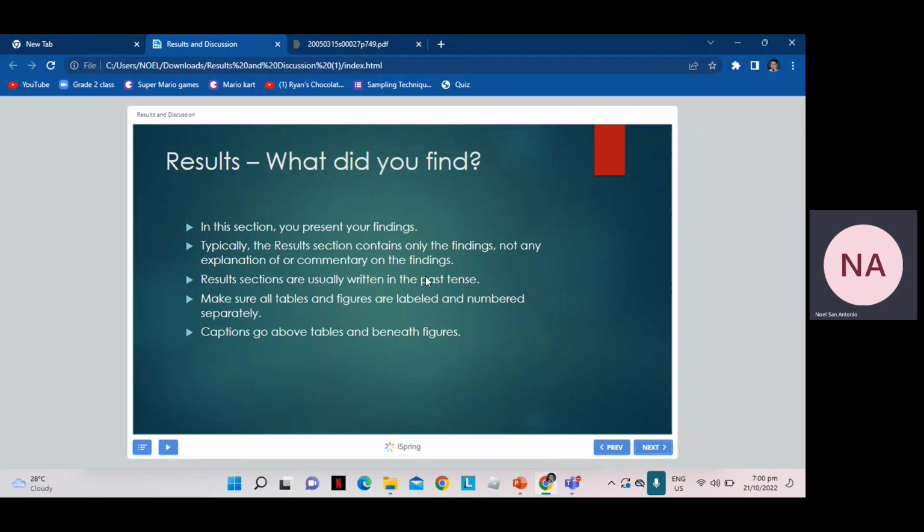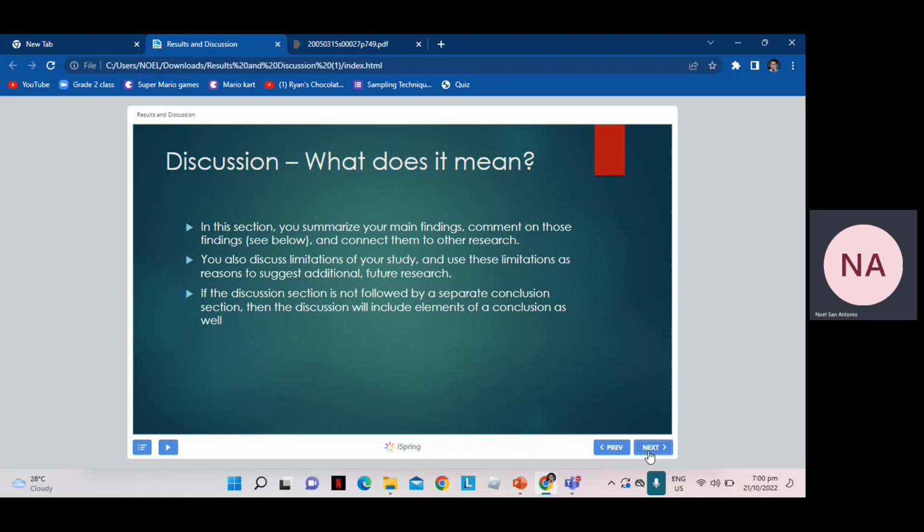So again, in the result, wala pang explanation or commentary regarding the findings. You just simply present and interpret the table. So that would be seen in the results section.